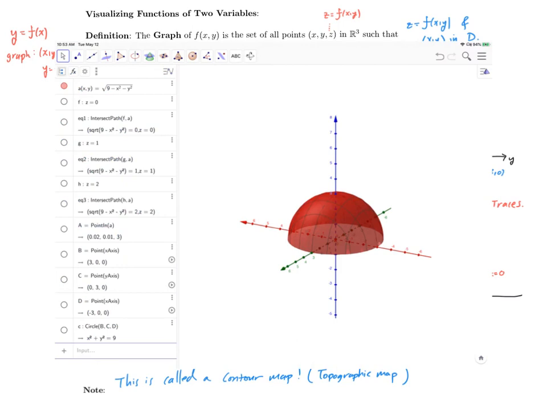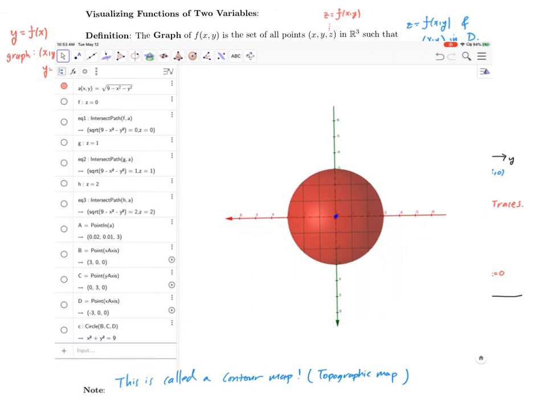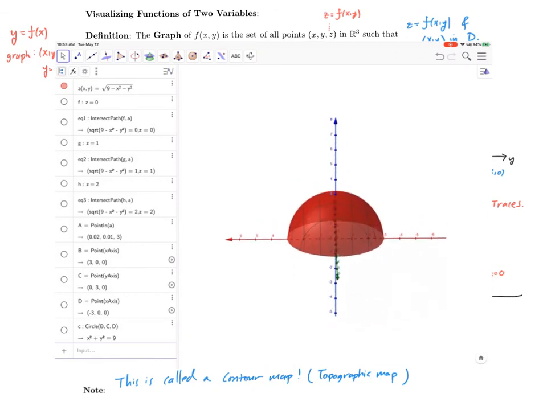And what we are now seeing is a GeoGebra file illustrating the surface of interest. It's the top half of a sphere of radius 3. I'm going to rotate it around so that we are now seeing the domain. The range would be all possible outputs in that z direction. And now to get the level curves in there. We start off with the k equals 0 level curve, where it intersects the z equals 0 plane.